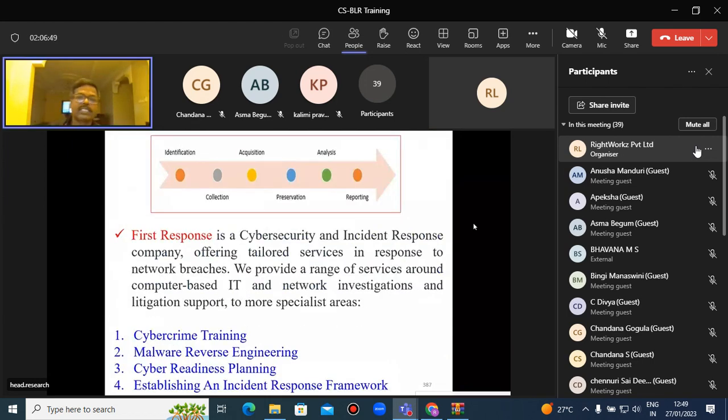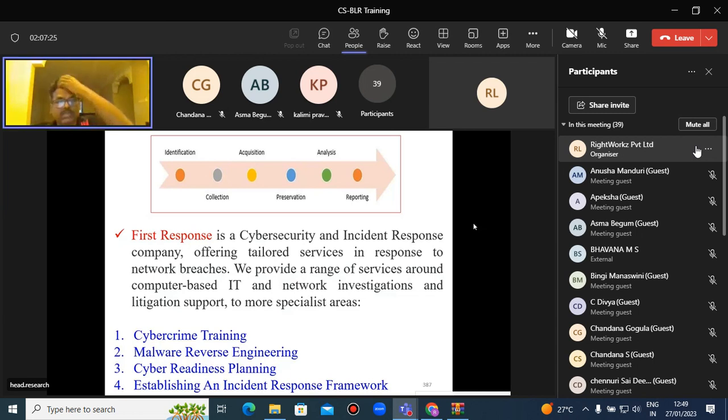See, first response is a cyber security and incident response company offering tailored services in response to network breaches. We provide a range of services around computer-based IT and network investigations and support to more specialist areas: cybercrime training, malware reverse engineering, cyber readiness planning, establishing an incident response framework.